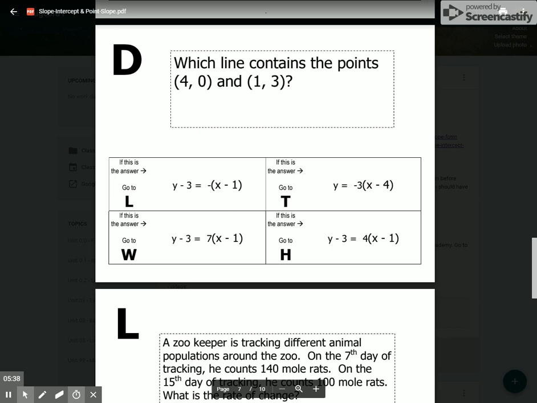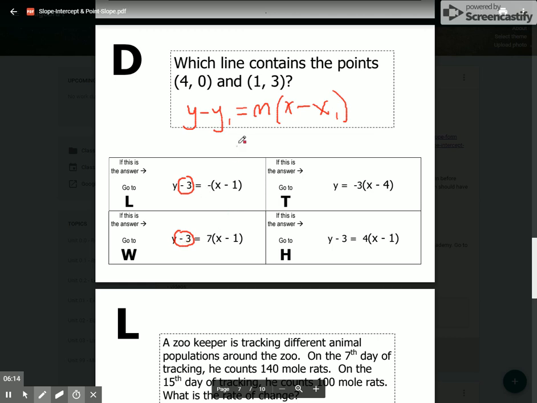Here it says, which line contains the points (4, 0) and (1, 3). If you look at each of these answer choices, they're all in point slope form, and remember that is y minus y1 is equal to the slope times x minus x1. In particular, you'll notice most of these have the same y1.